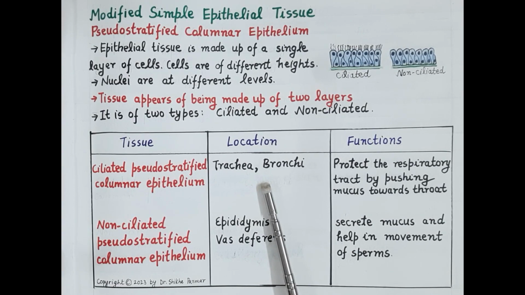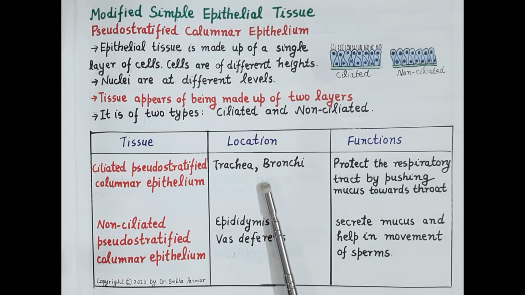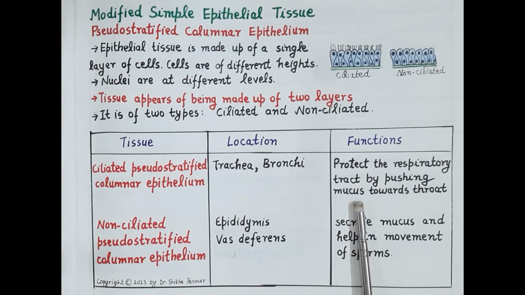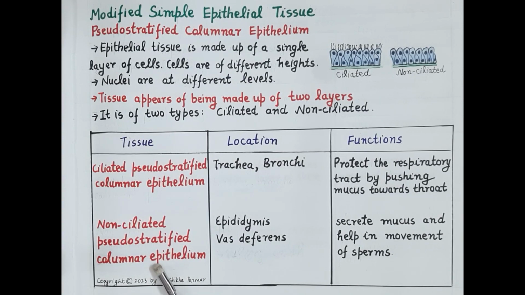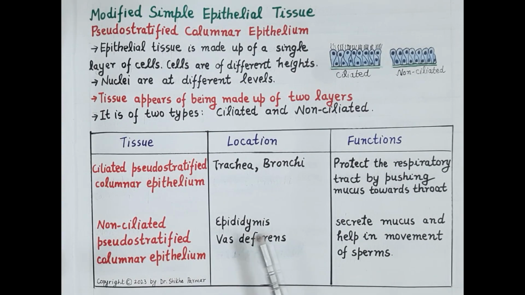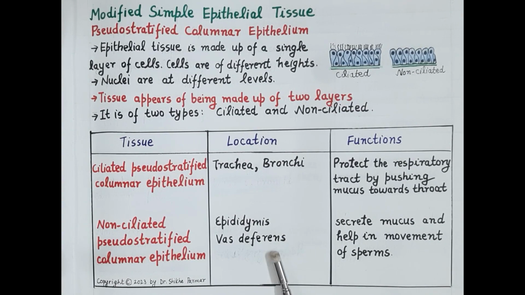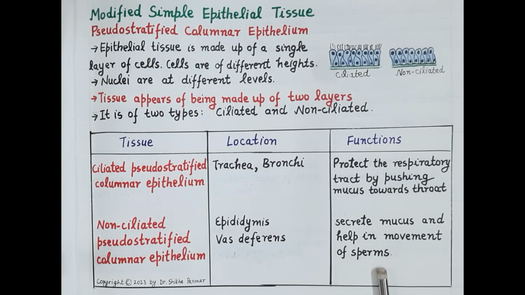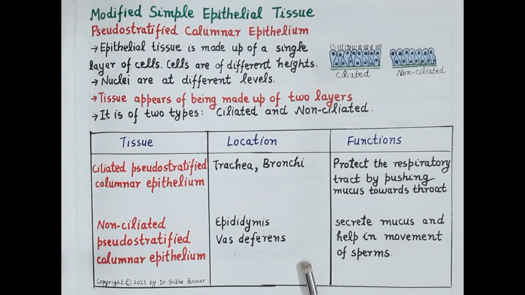So ciliated pseudo-stratified columnar epithelial cells in the respiratory tract move the mucus towards the throat so that the mucus could be expelled out, and thus this tissue protects the respiratory tract. Now, non-ciliated pseudo-stratified epithelium is found in the epididymis and the vas deferens of the male reproductive system, and here the cells secrete mucus and help in the movement of sperm. So, this is about pseudo-stratified columnar epithelium.